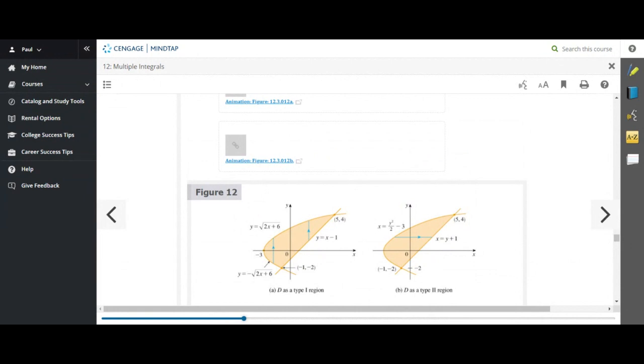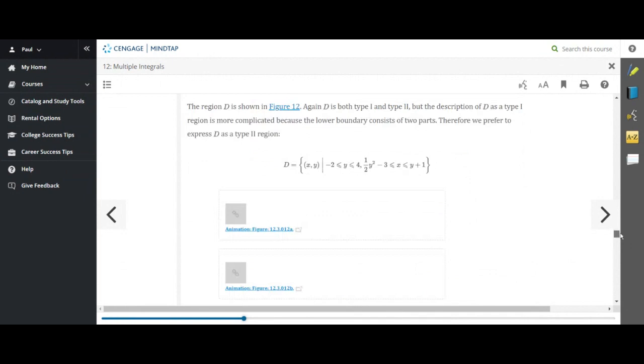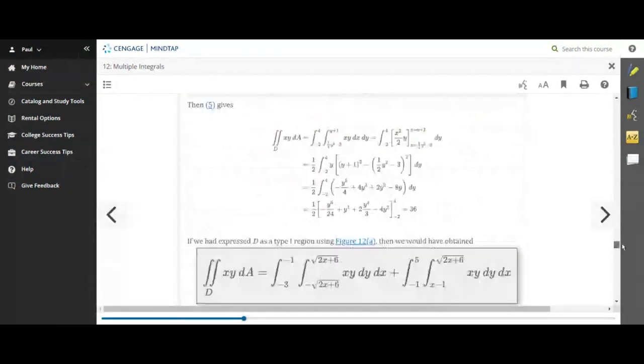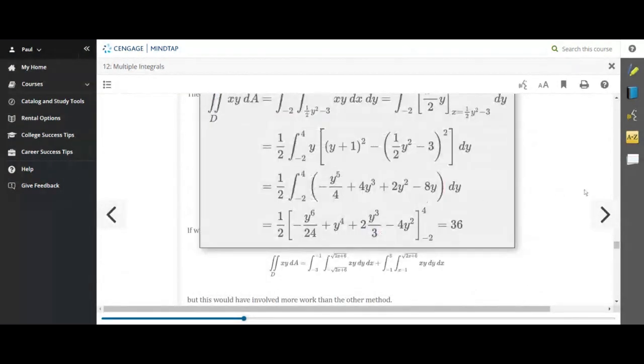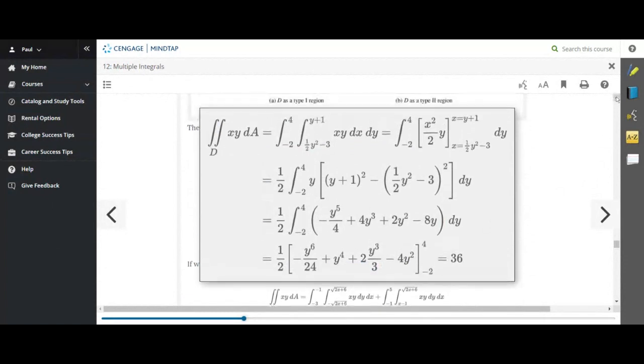And so that would allow you to compute that double integral this way. You only need to compute that particular double integral. You can get it done with one double integral. You see that? And the actual answer equals 36.